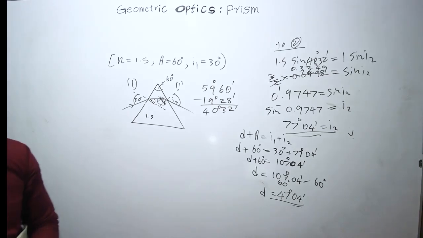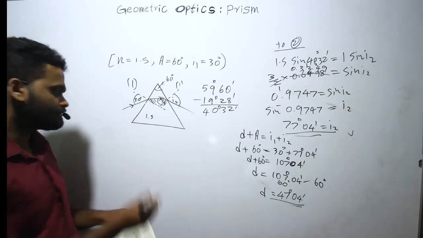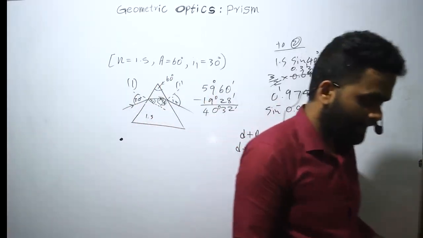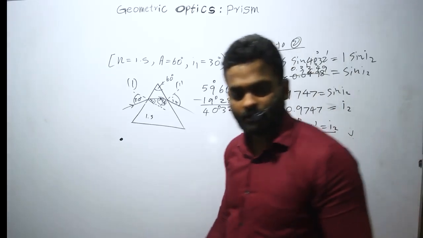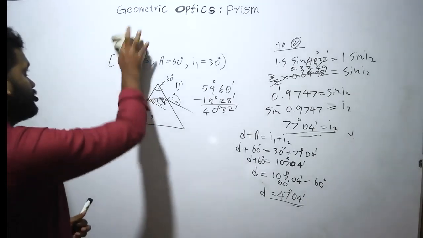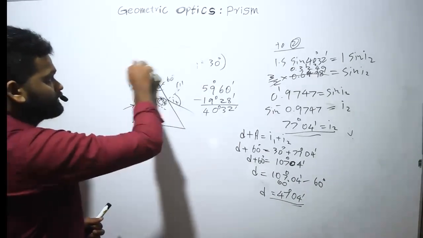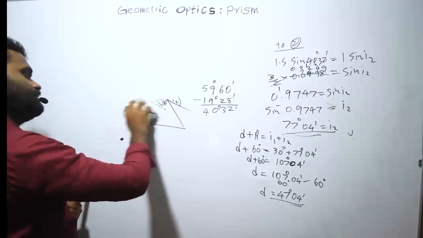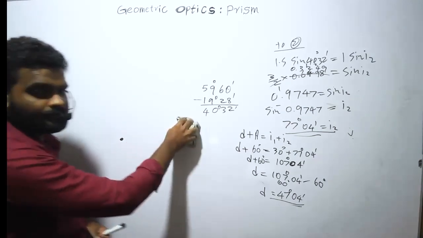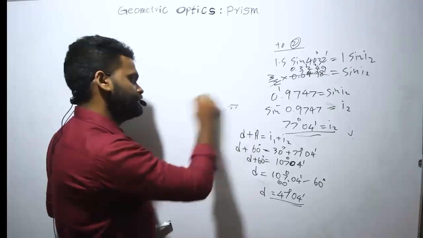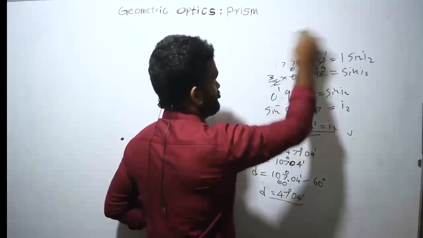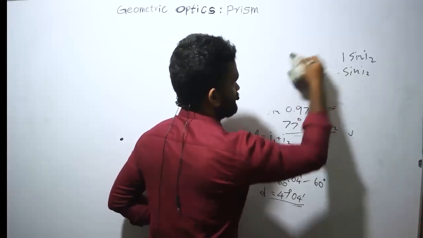I think everything is clear. Then put a point, write down: according to the reversibility law of light, if I1 is the incident angle, I2 is the emergent angle.